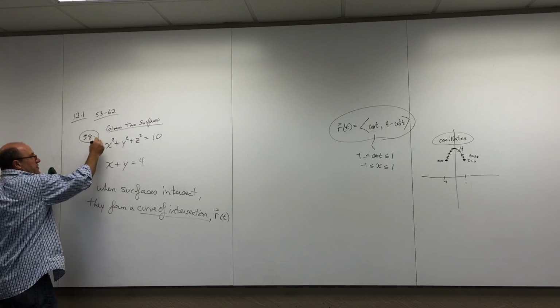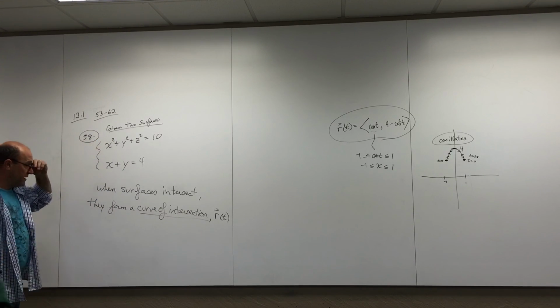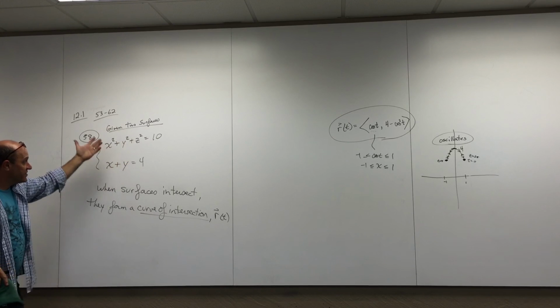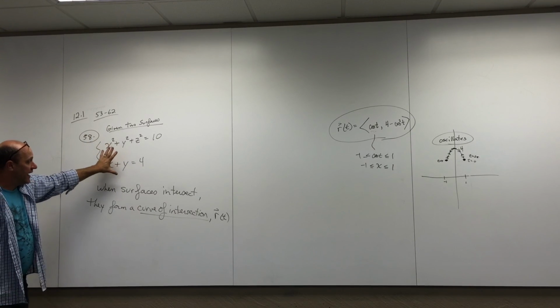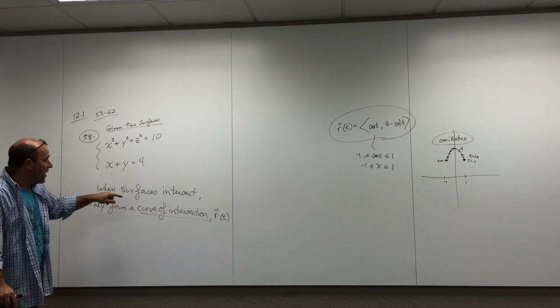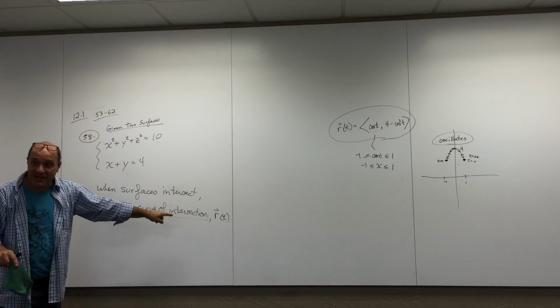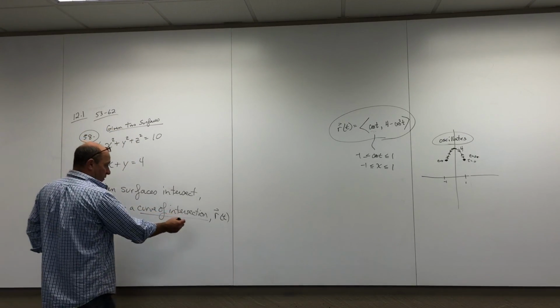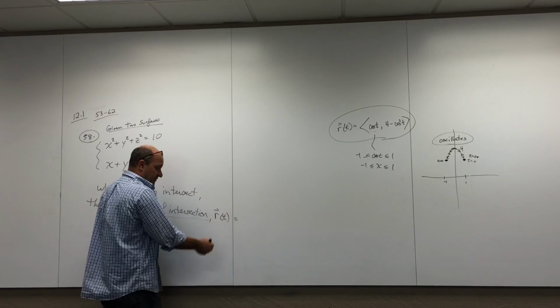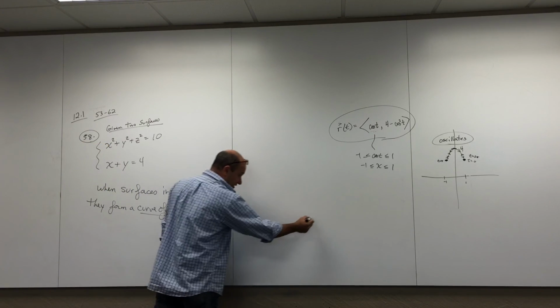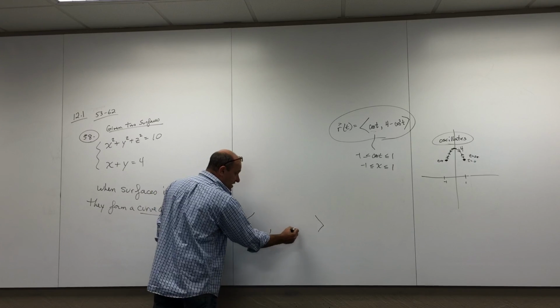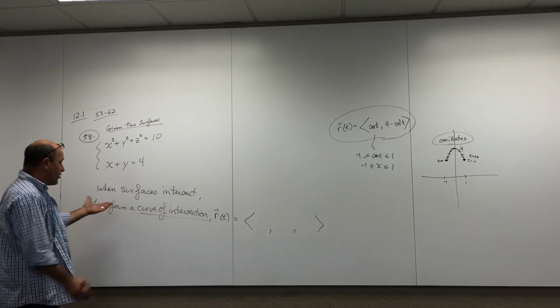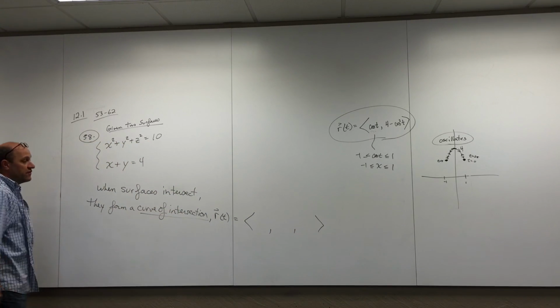So these surfaces are given in x, y, z surface notation, but the curve where they intersect is a curve. It's not a surface. And we can represent this with a vector valued function, and that's the question. Please come up with the curve of intersection for these two surfaces.